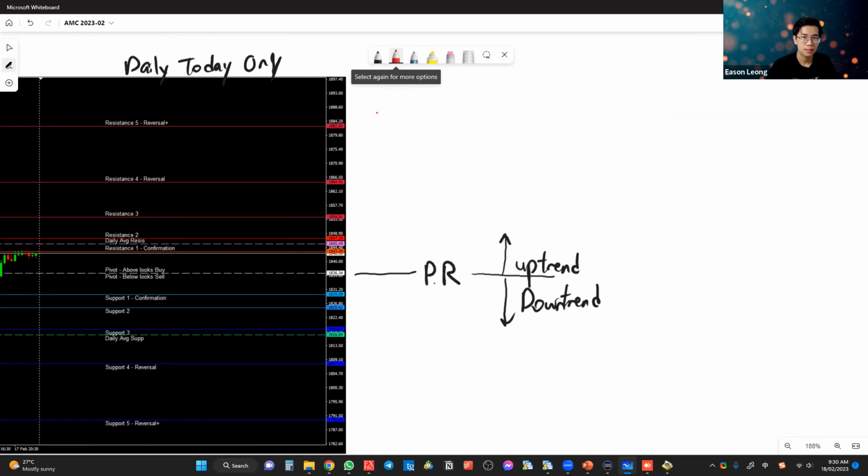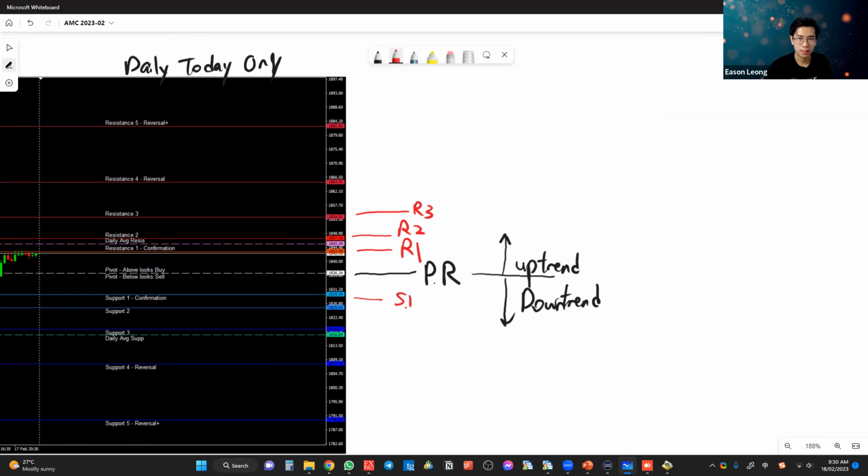After that, if you look even higher, there is the so-called resistance 1, or R1. Then we have R2, here you have R3, and so on and so forth. Below we have S1, which is called support 1, then support 2 and support 3. What does this mean?